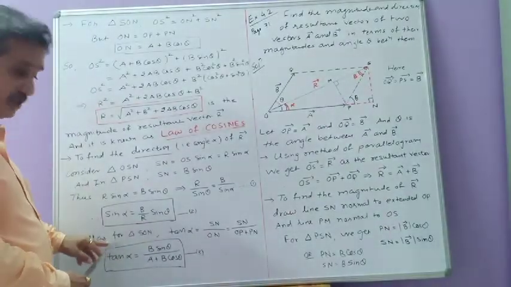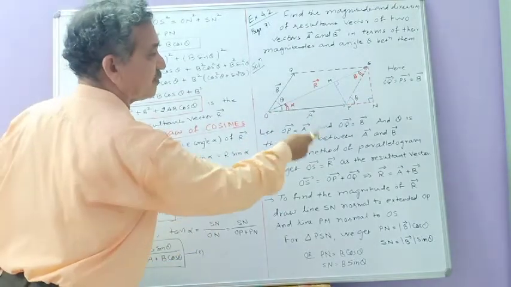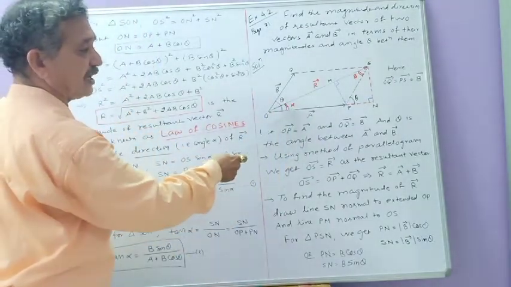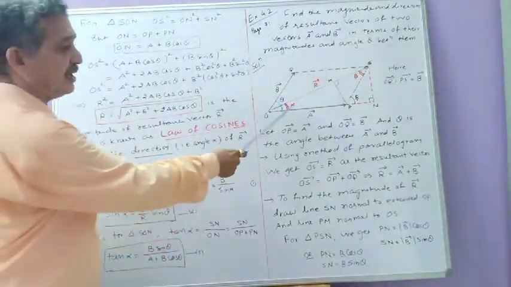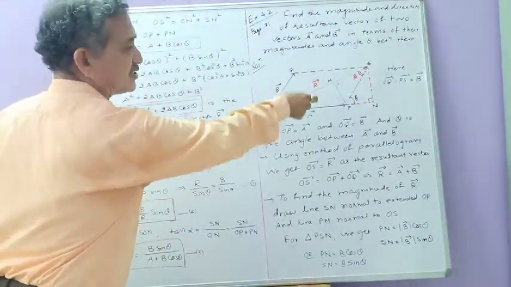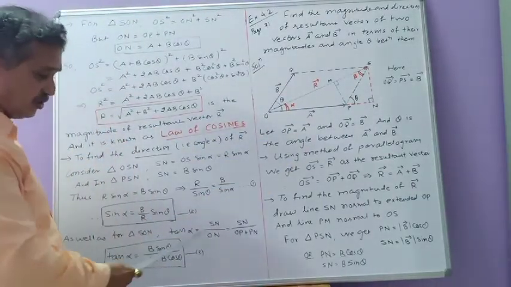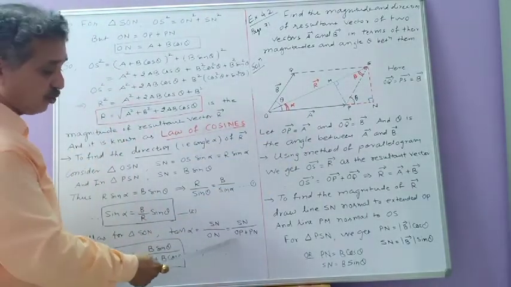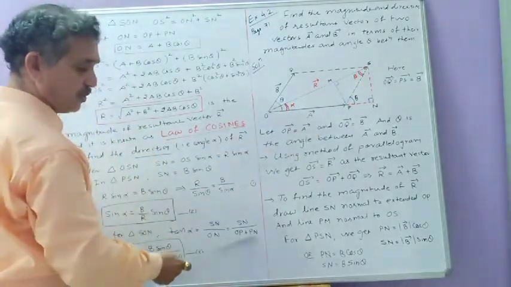Now again consider the right angle triangle SON. For this triangle, this angle is alpha, so we determine tangent alpha. Tangent alpha equals opposite side SN upon adjacent side ON. But ON is the sum of two values, OP plus PN.